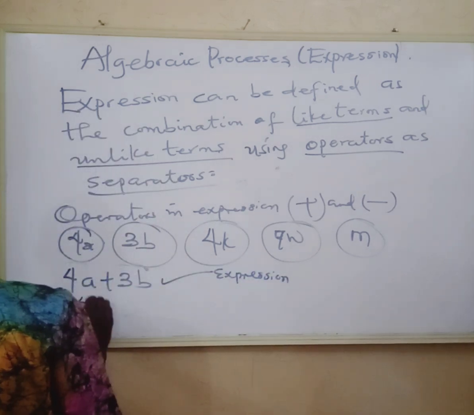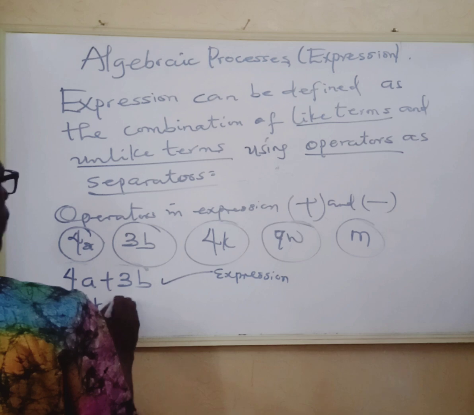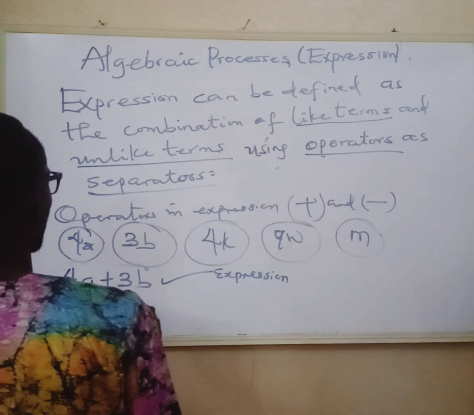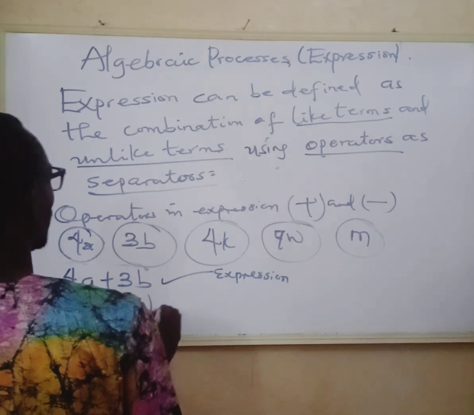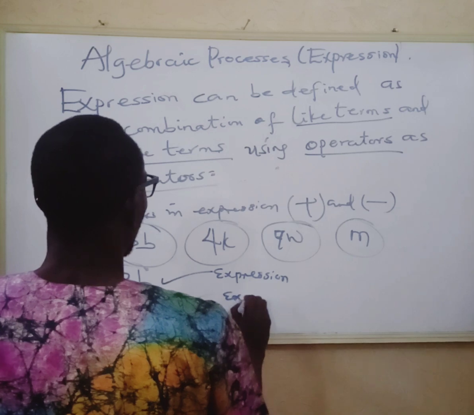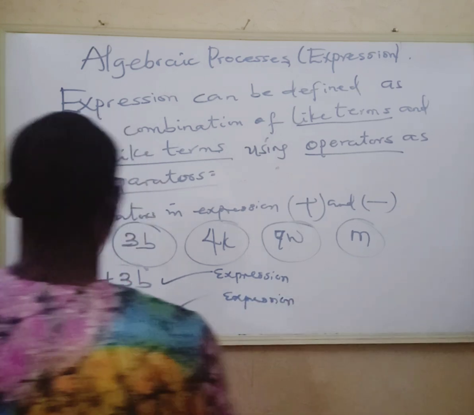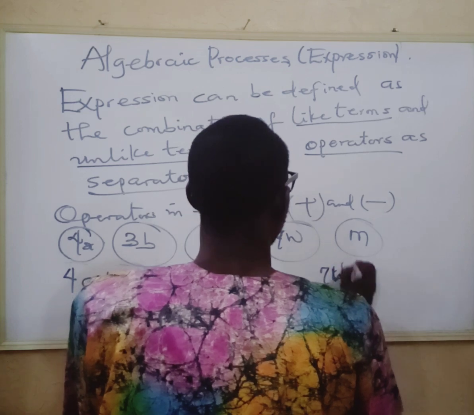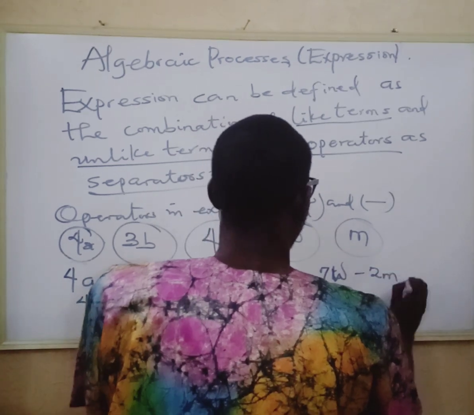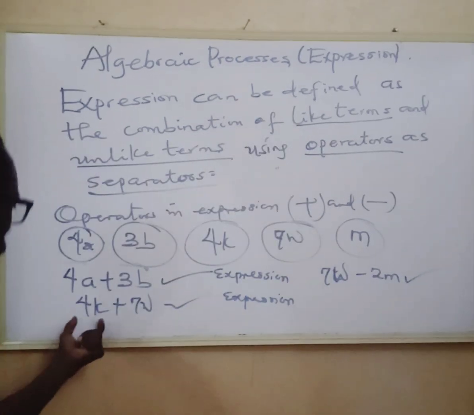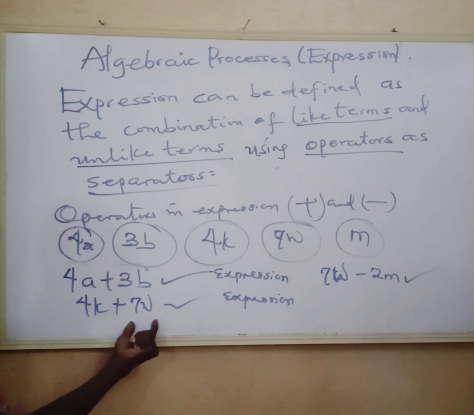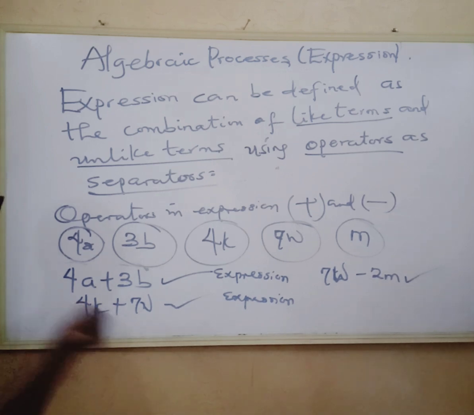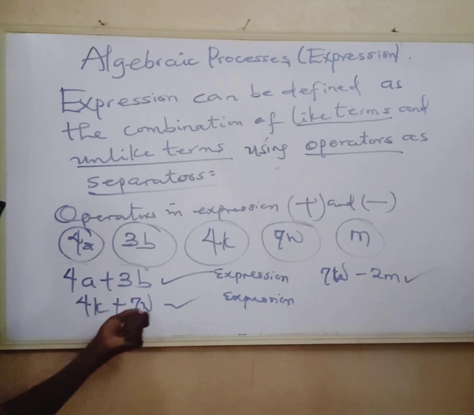Let's take 4K plus 7W. This is an expression. We can take 7W minus 2M. 4K plus 7W is an expression because 4K is a term, 7W is a term, but an operator acts as a separator between 4K and 7W.